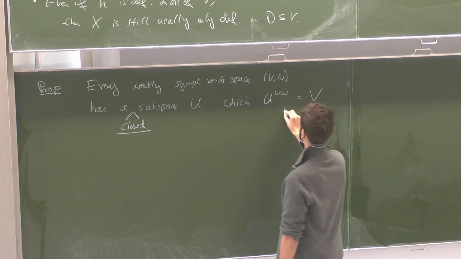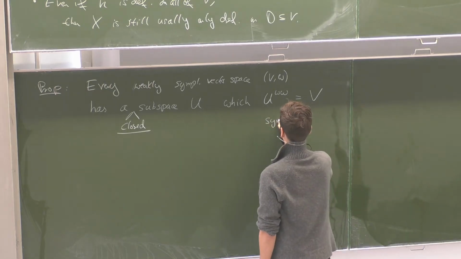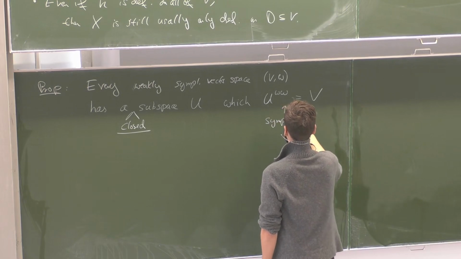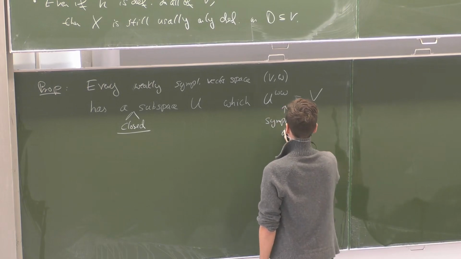These are things that we can think of as symplectically dense.